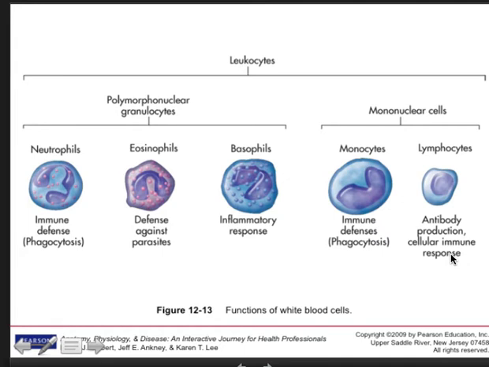You might also ask, well, why are they these different colors? Well, they're these different colors because they stain that way when you use a dye in a blood smear that's designed to highlight some of the smaller structures inside the cell. The basophils, the granules light up blue when they use basic dyes that have a blue color, and the eosinophils light up red because they take up a red dye called eosin.